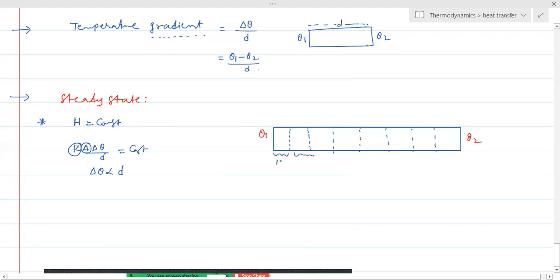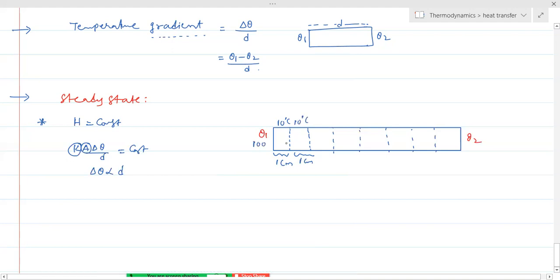For example, if for 1 centimeter we have a 10 degrees centigrade loss, then for the next 1 centimeter we also have a 10 degrees centigrade loss. Suppose this end is 100. For every centimeter we lose 10 degrees centigrade, so we get 90 here, then 80, 70, 60, and so on. That is the importance of steady state.